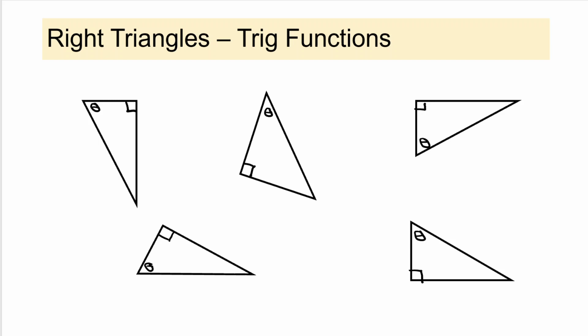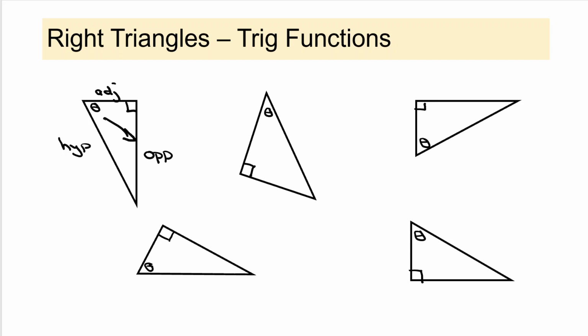I label my sides the same way I did before. Opposite the right angle is my hypotenuse. Opposite theta is my opposite side. And touching theta, but not the hypotenuse, is adjacent. So the orientation's different, but the concepts are all the same.